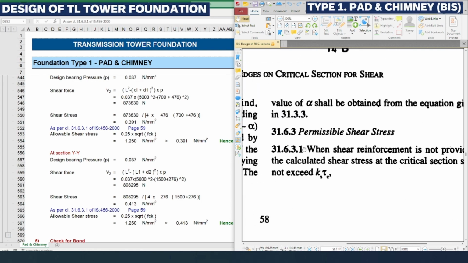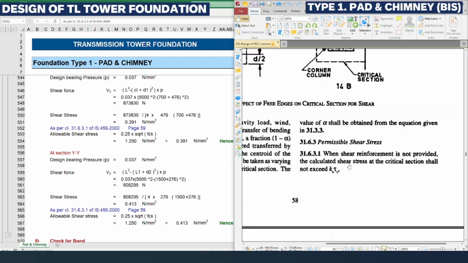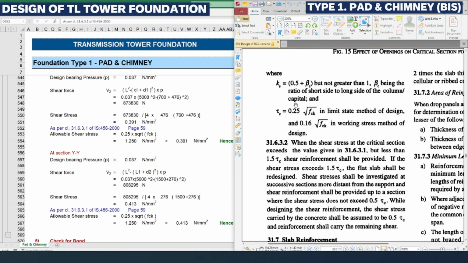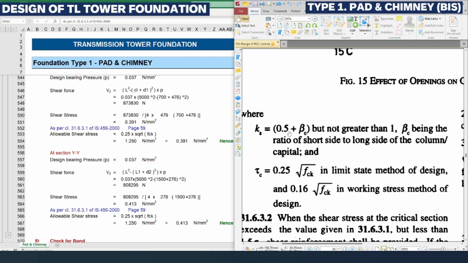Here it is explained that the permissible shear stress is Ks into tau c. Ks is defined as 0.5 plus Bc but not greater than 1, Bc being the ratio of short side to long side of the column.